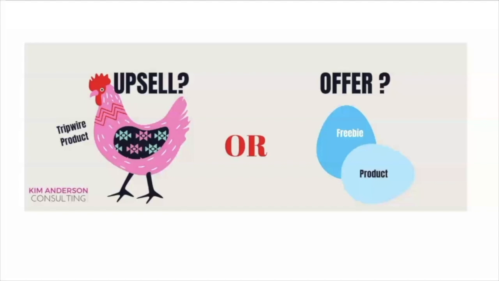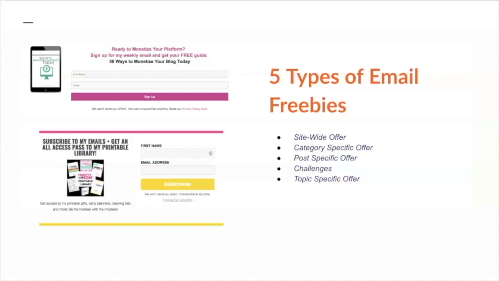Sometimes people will create their product and then they'll pull a freebie out of the product, or they'll think of a freebie that is connected with that product. And that's easier for them. And then some people need to start with the freebie and then create the product off of the freebie. So to be honest with you, it doesn't really matter. The key is for you to just pick one, and work through that process on your own.